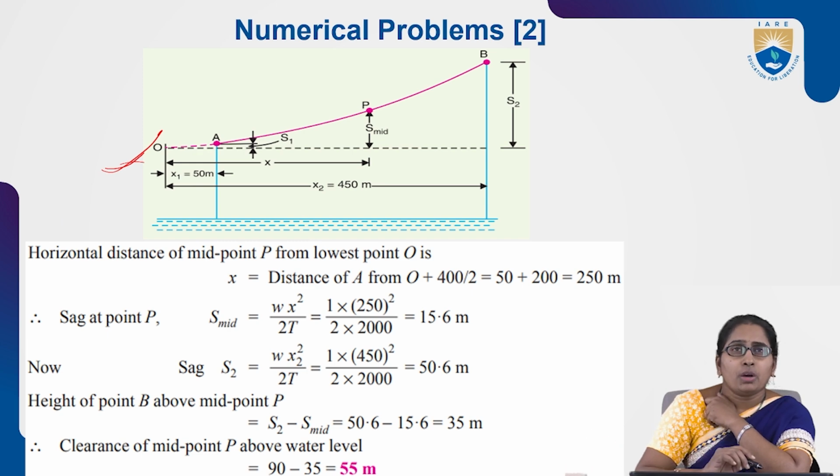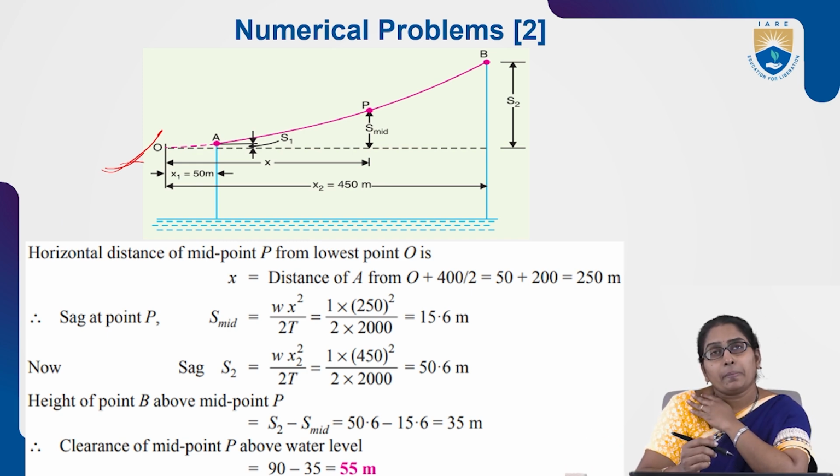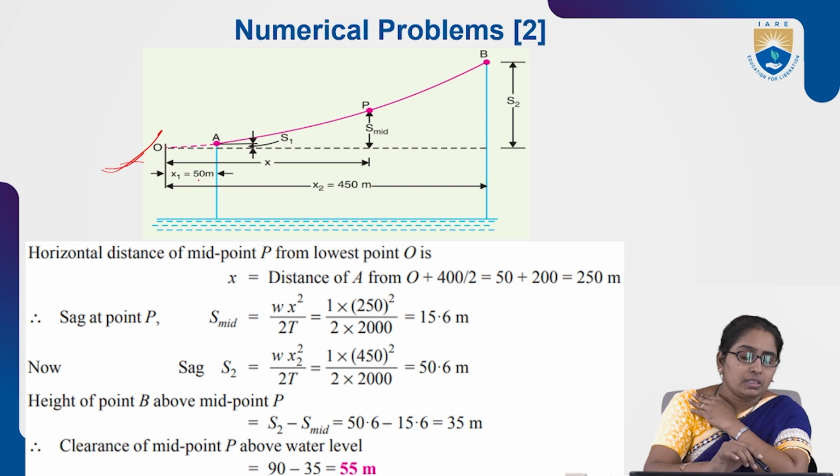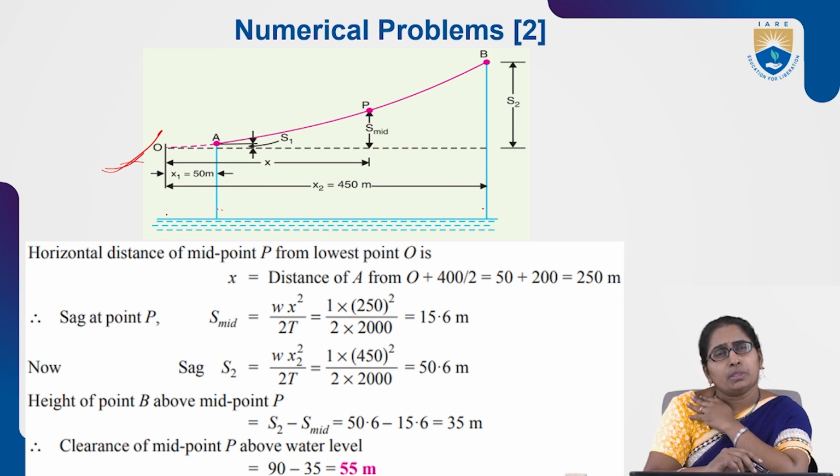Now mark the same data: x1 is 50, x2 is 450. I hope it is clear, because we know the distance between the two towers is 400, so x1 being negative means it is shown outside the two supports. x2 also starts from the lowest point outside the supports.